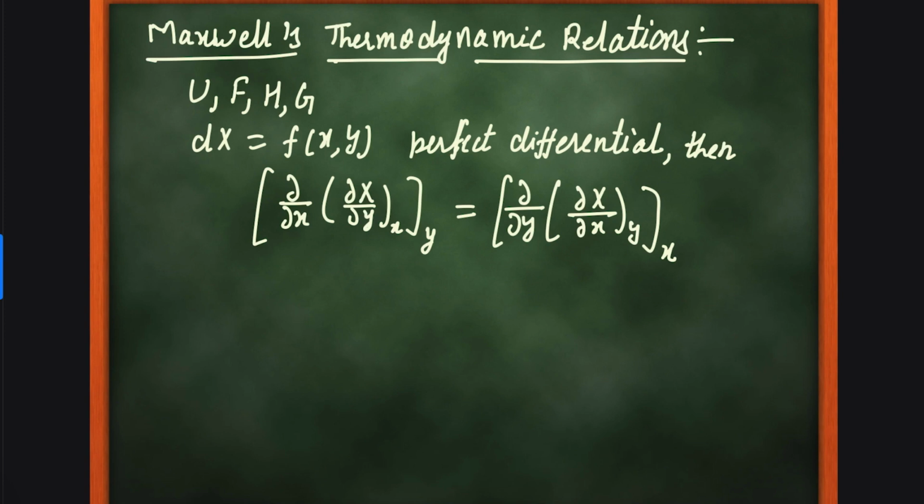Since these potentials are state functions, they depend only on the initial state and final state in any process. Therefore, these are also perfect differentials. So during the derivation of the Maxwell equations, we will use this identity. Okay.